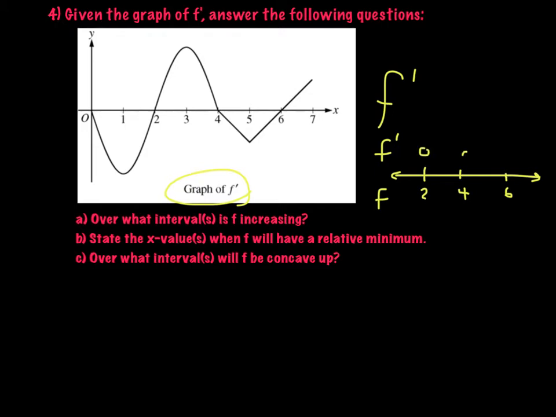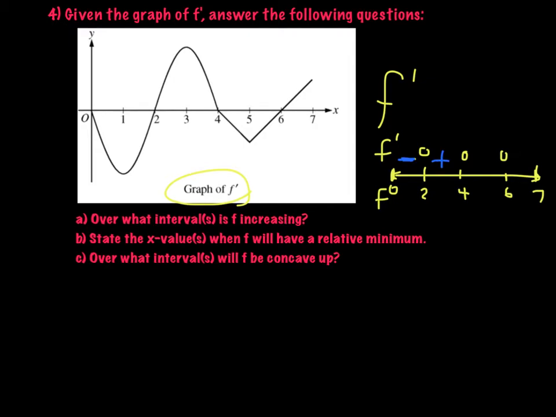Then I need to determine when the graph of f prime is positive and when it is negative. I'm going to recognize that I have closed intervals here, 0 to 7. Between 0 and 2, I can definitely say that I am below the x-axis, so negative. Between 2 and 4, I have shot up above the x-axis, so positive.